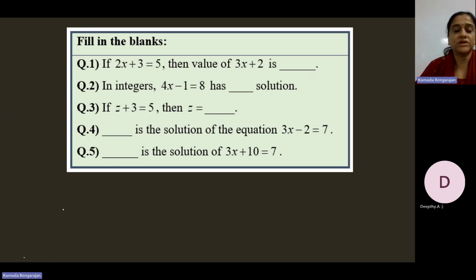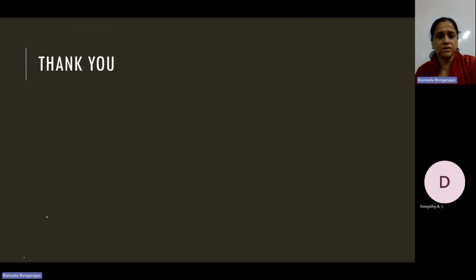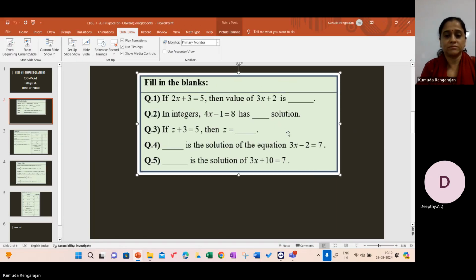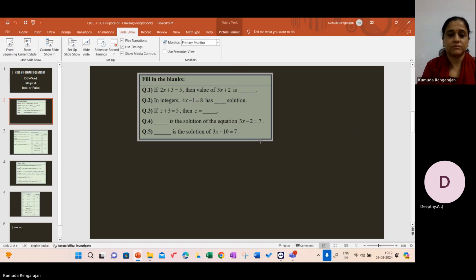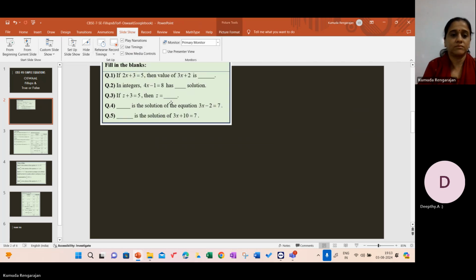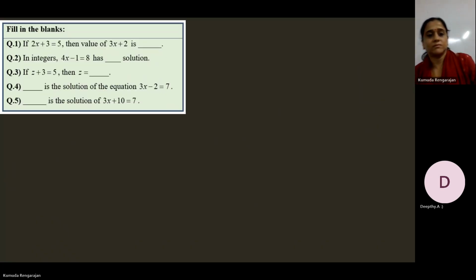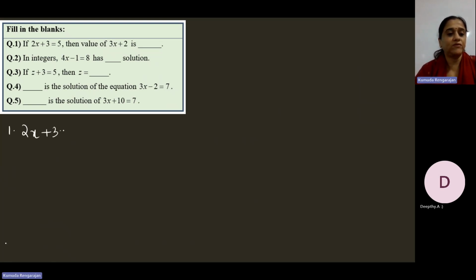If 2x plus 3 is equal to 5, then find the value of 3x plus 2. So 2x plus 3 is equal to 5.